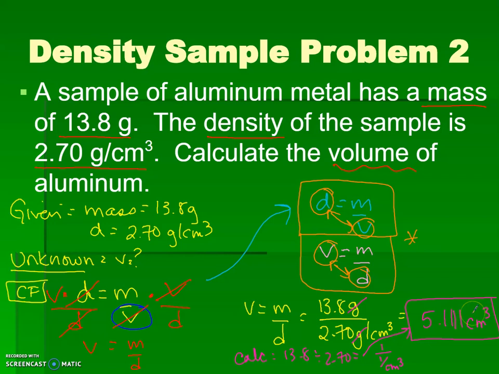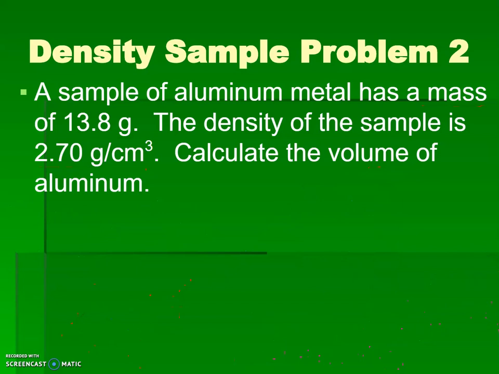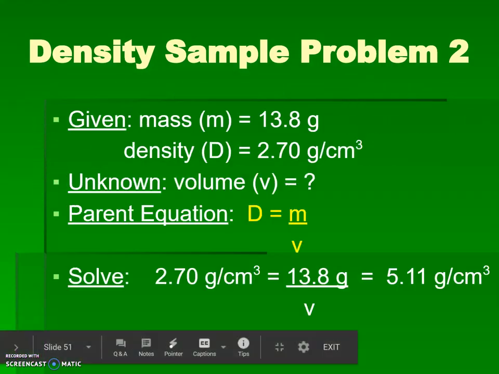5.11111. So how many sig figs do we round to? Well, if this has 3 and this has 3, I need 3 here. So it should just be 5.11 cubic centimeters as your volume. All right, so on our next slide, it's all typed up nice without my horrible penmanship.